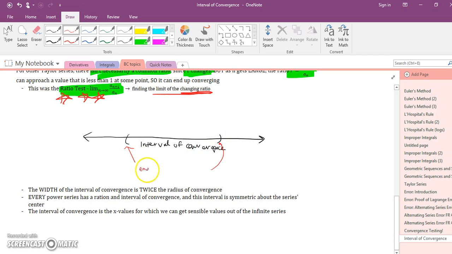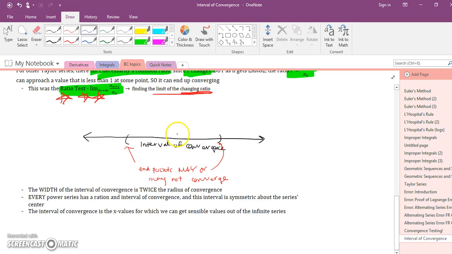Whenever we find the interval of convergence, the endpoints may or may not converge. That will be your job to test. And in fact, it might seem like extra stuff that doesn't matter, but on free responses, the way they test your knowledge of convergence is pretty much always with the interval of convergence, and the endpoints will be about 1 or 2 of the 9 points. So they're a pretty big deal.